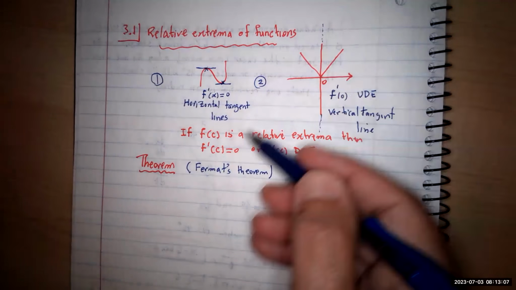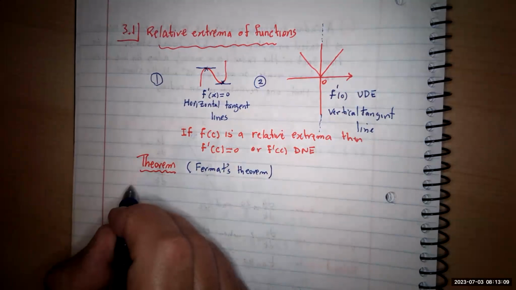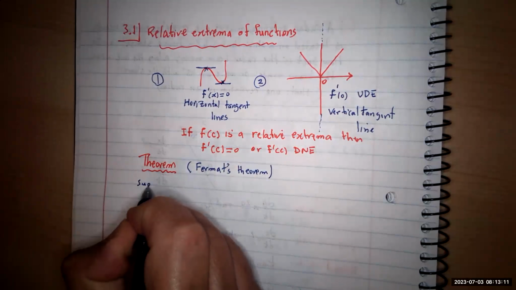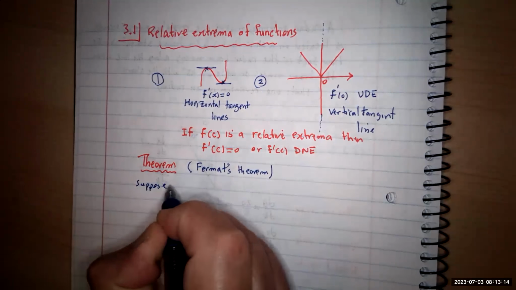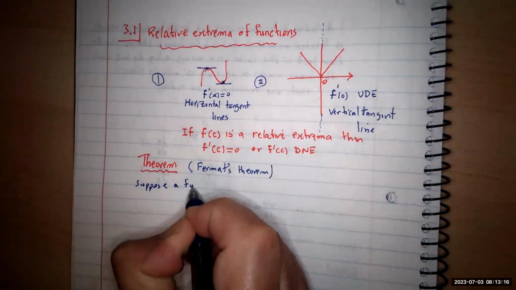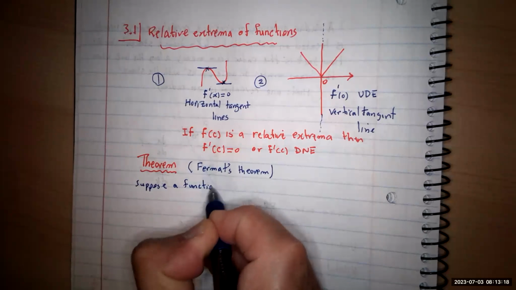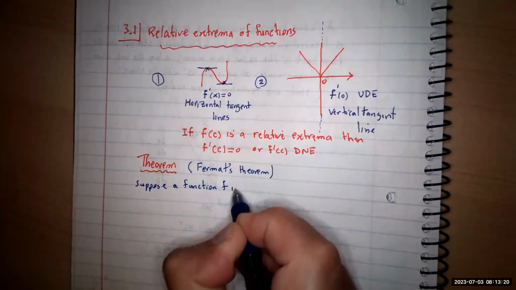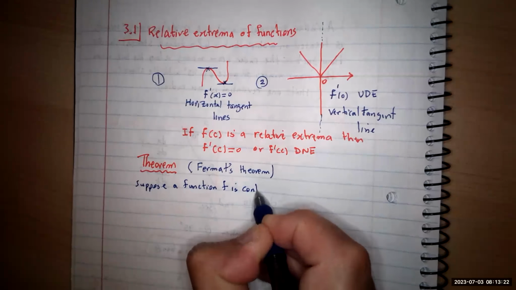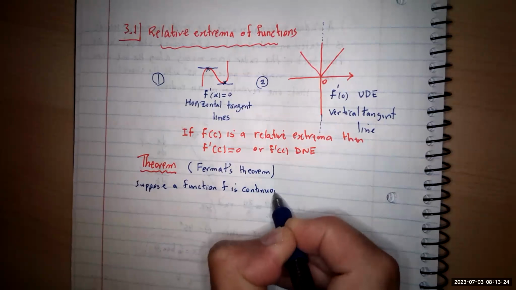So exactly what we have over here, but we have to be precise if you want to prove it. Suppose you have a function, and your function must, of course, be continuous. A function f is going to be continuous. That's a condition that you should have.